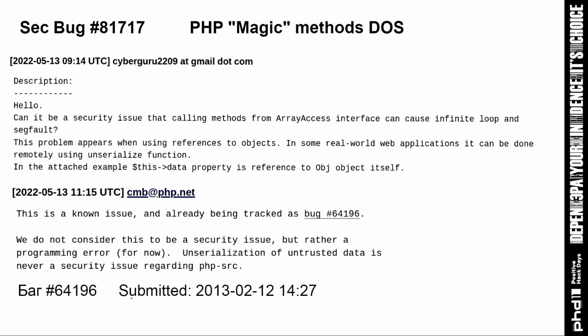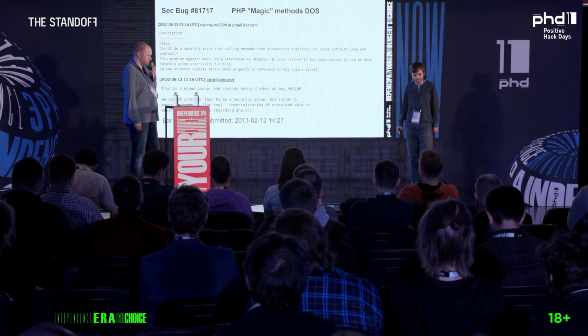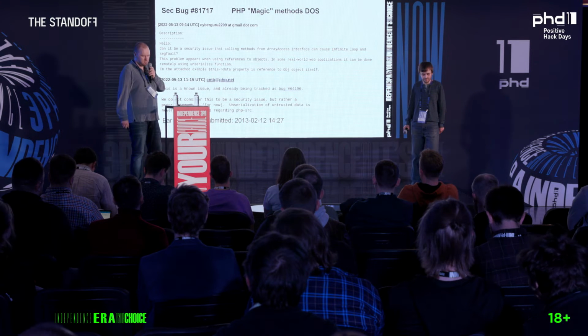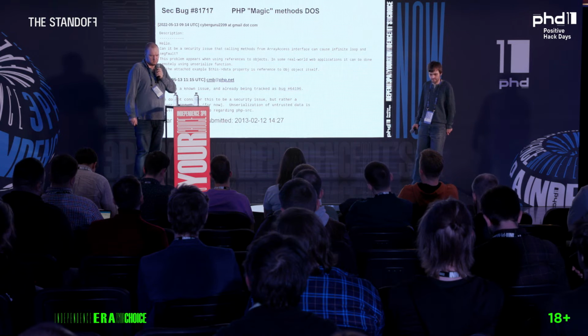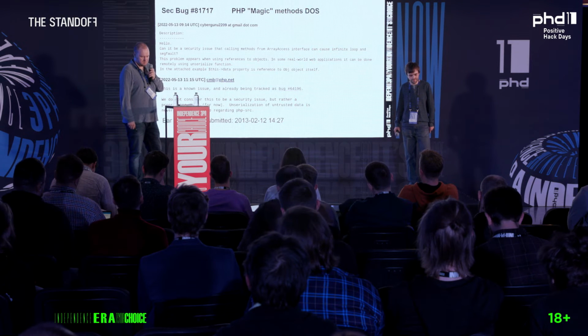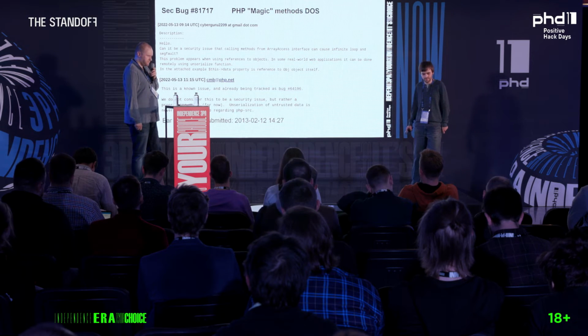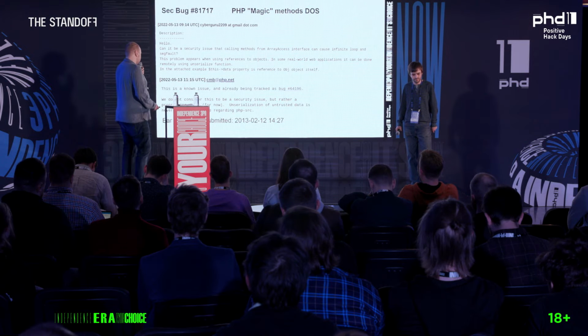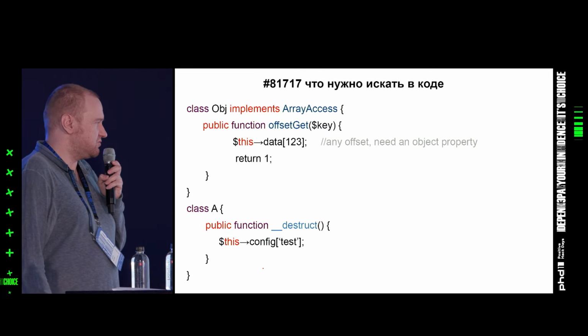But in fact, bug 64196 is about the clone method and some other interconnected bugs, very much like the tree I demonstrated earlier. Anyhow, a lot of use cases, a lot of bugs that are encountered in multiple places.